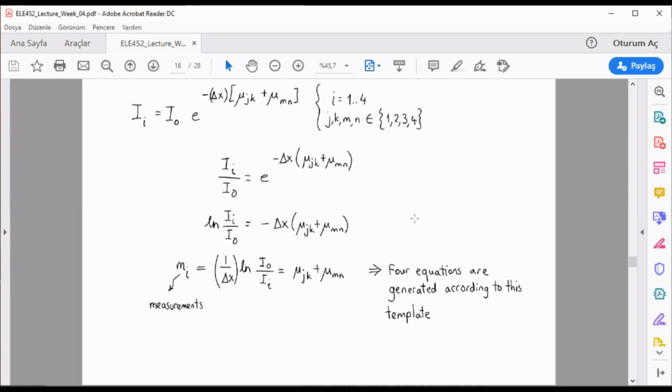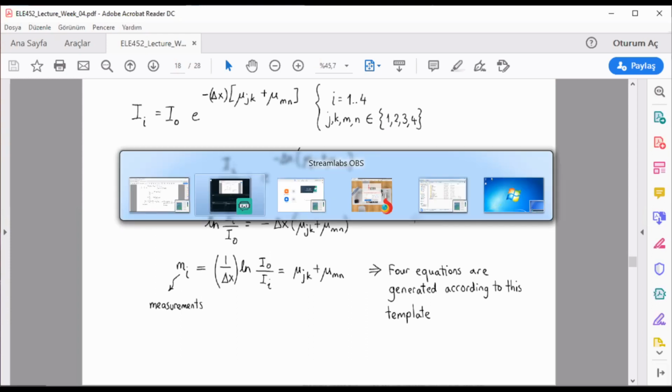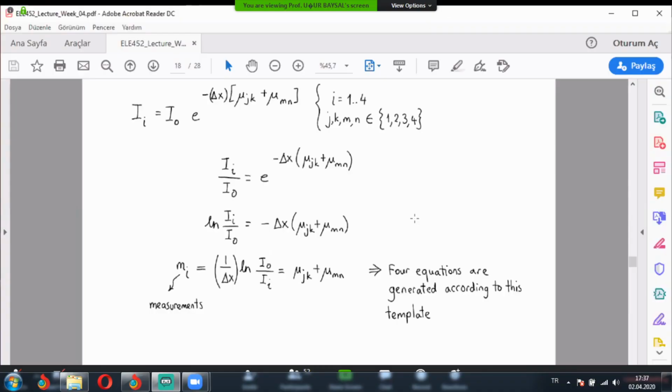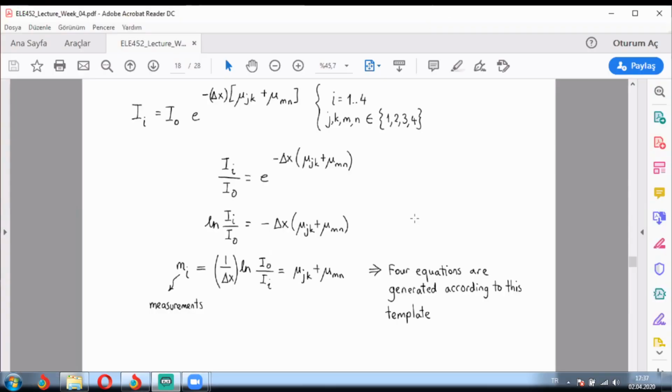Our equations are of the form of intensity I equals some incident intensity times some exponential values. Those exponential values include the X-ray absorbance of at least two different pixels, shown with mu sub jk plus mu sub mn. And i here is changing from 1 to 4 because we have 4 unknowns or pixel values.